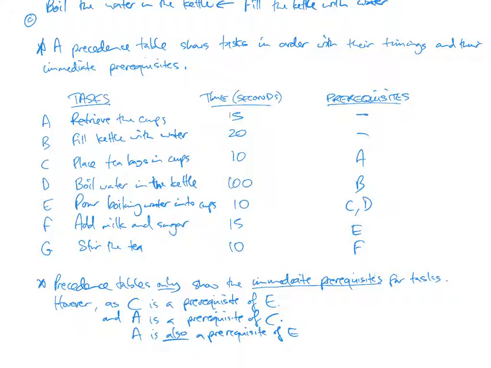It's implied that it's a prerequisite of E if it was a prerequisite of the immediate prerequisite of E, okay?